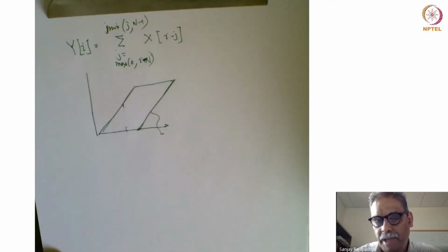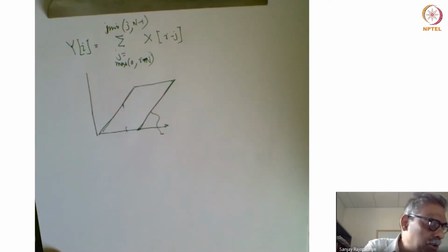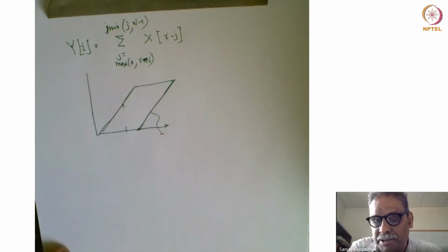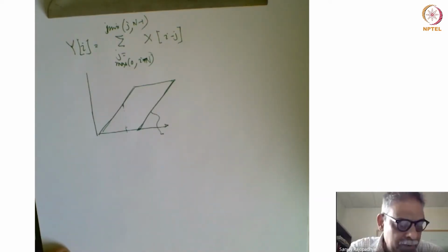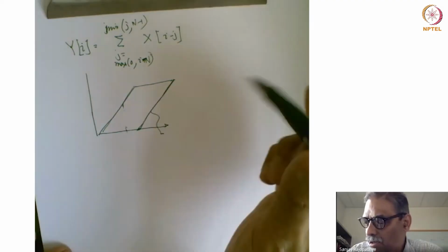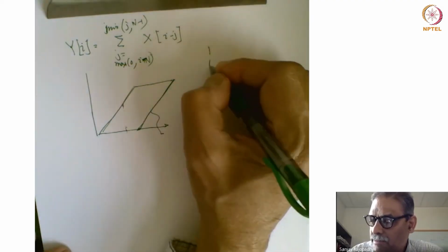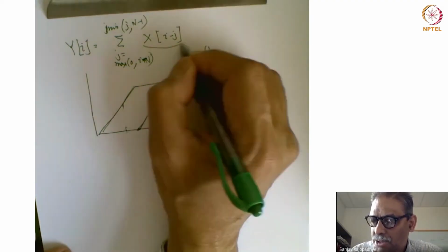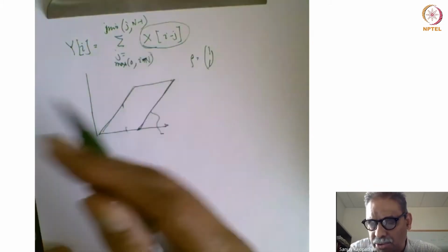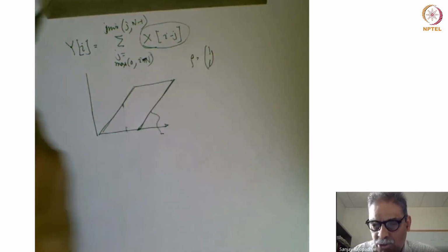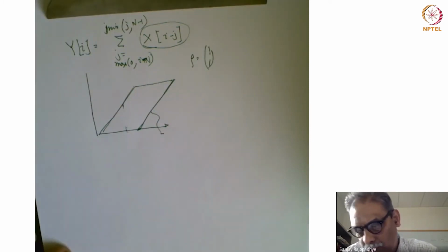Okay. I'm going to do this to introduce something interesting that happens. My reuse is still along 1, 1, right? The expression hasn't changed. The only thing that has changed is the boundaries. My accumulation is always vertical or remains vertical.